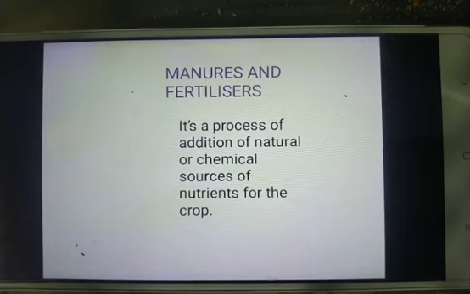So fertilizers are not good for us, they are not environment friendly, they cause pollution. But fertilizers are very fast in action and very specific, and we need only a small amount of fertilizer as compared to manure. Manure is required in large amounts.